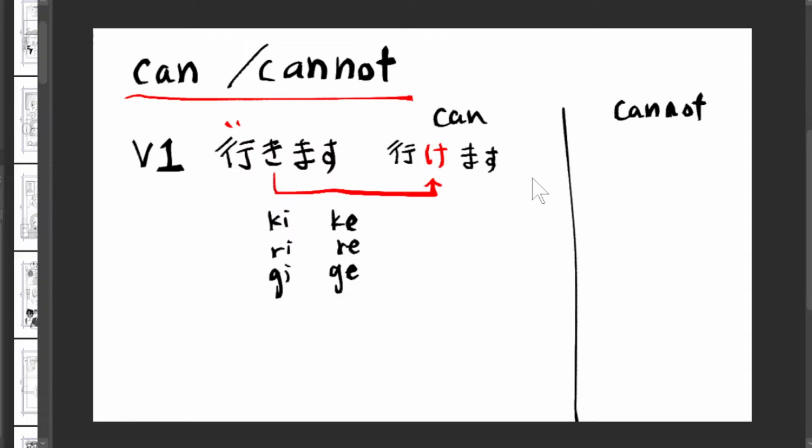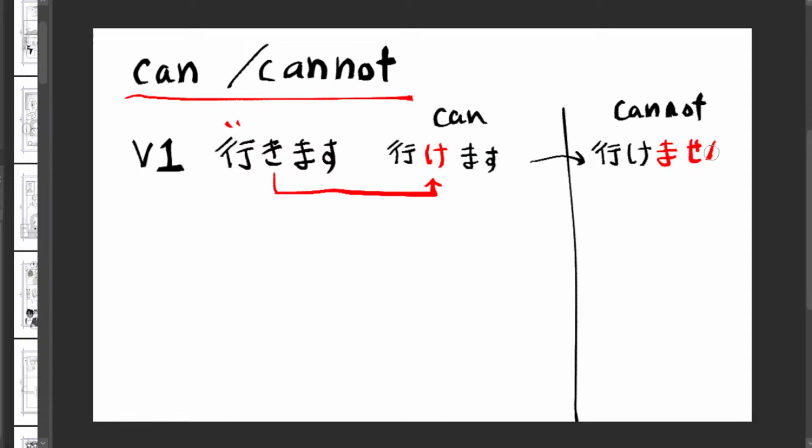So because this is ki, ikimasu becomes ikemasu, you can go. To make it into cannot, you just change masu to masen. So, ikemasen: I can't go.